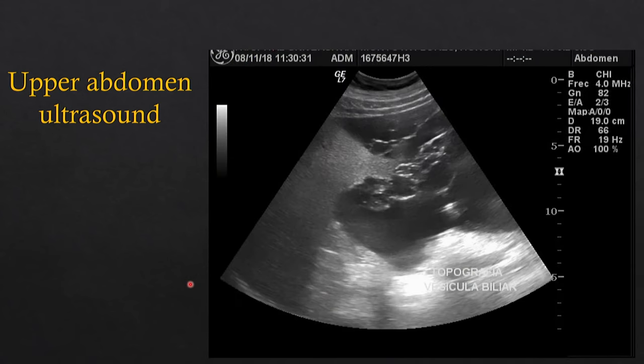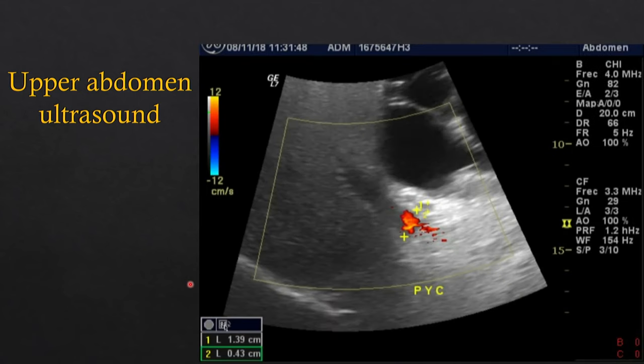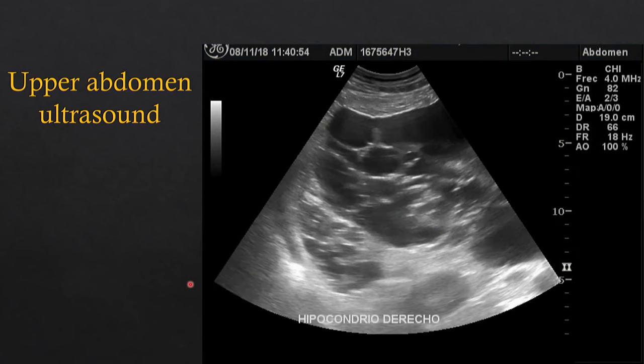We tried to see the boundaries of this image, but by this ultrasound the boundaries couldn't be well seen. We saw that the common bile duct was not dilated.